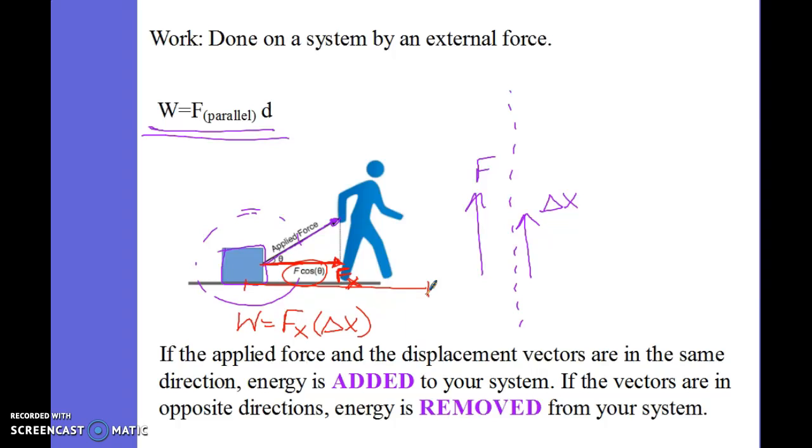Now, if the horizontal component of the force and the displacement are in the same direction, whether an object is being pulled to the right or the left, then you have energy being added to your system.